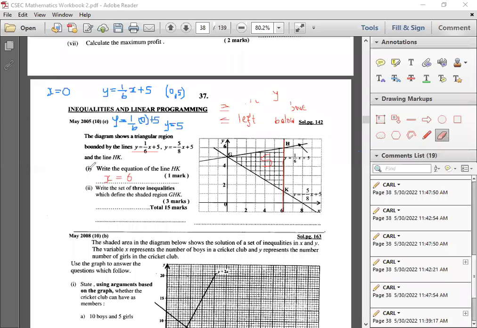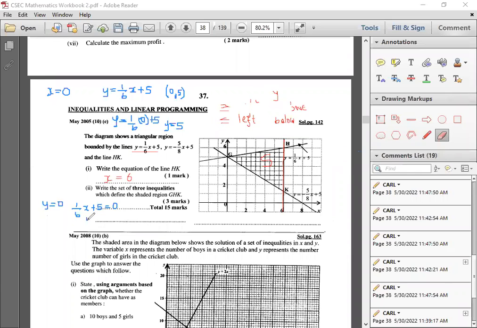When y equals 0, then 1/6 x plus 5 would equal 0.